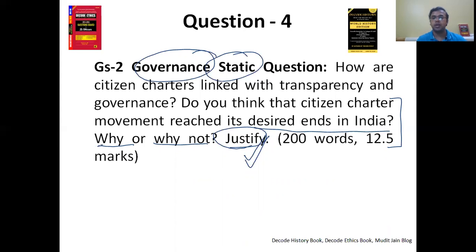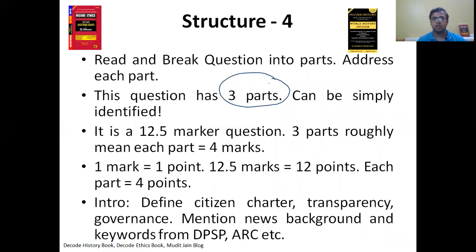Even this you can break into two parts: how it is linked with transparency, one; how it is linked with governance, two; citizen charter has met its ends, three; citizen charter has not met its ends, fourth. So, in the slide I wrote three parts, but then here, live recording the session, I have identified four parts. So be careful while you are trying to break the question into subparts.